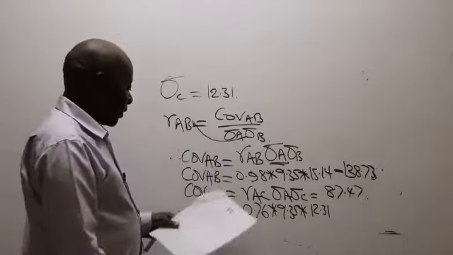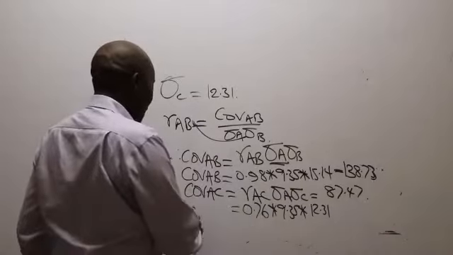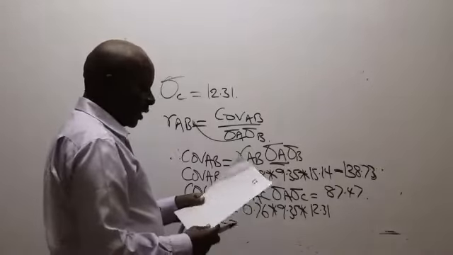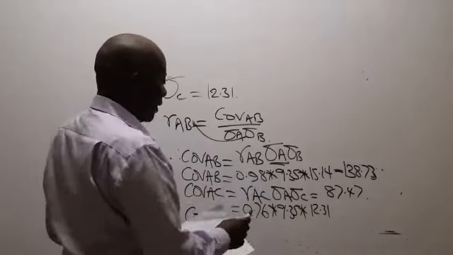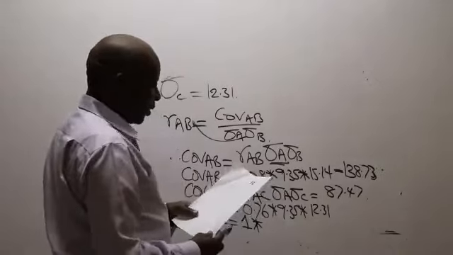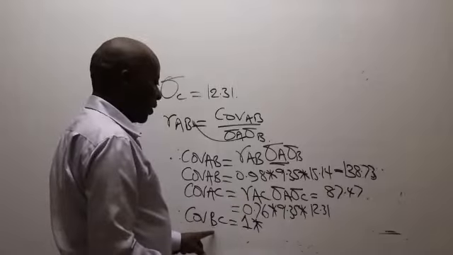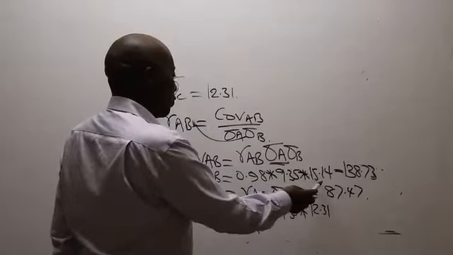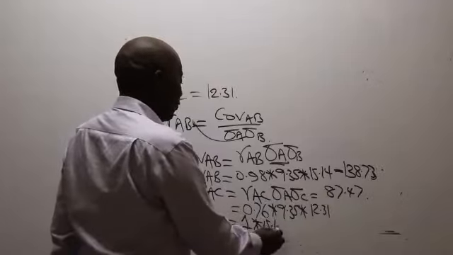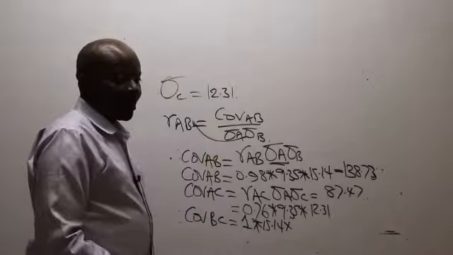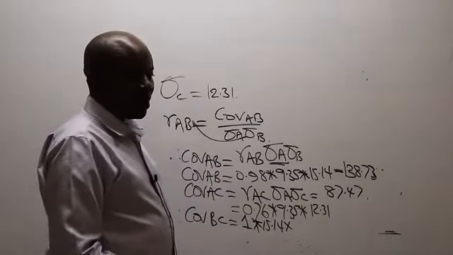Great. The last one is the covariance BC. I'll just take it directly, +1 times the standard deviation of B, 15.14, times the standard deviation of C, which I've forgotten.